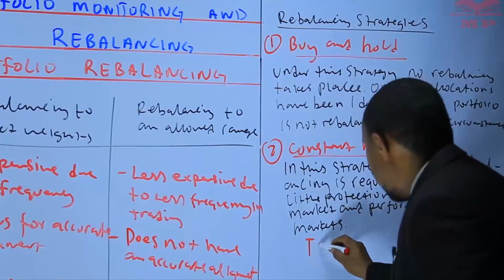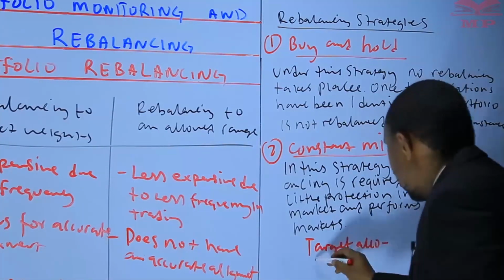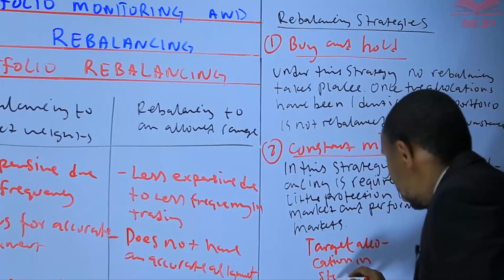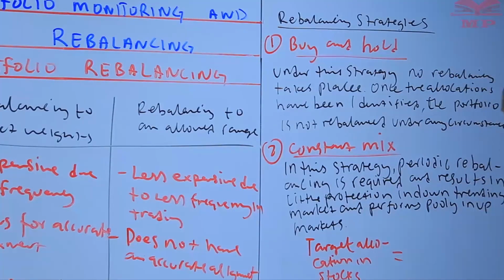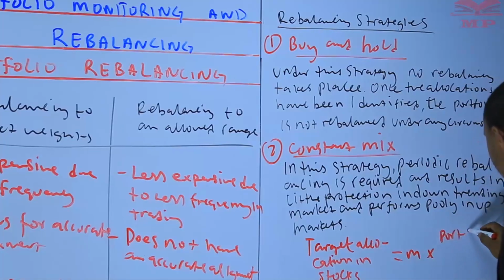So the target allocation in stocks is equal to M times portfolio value.